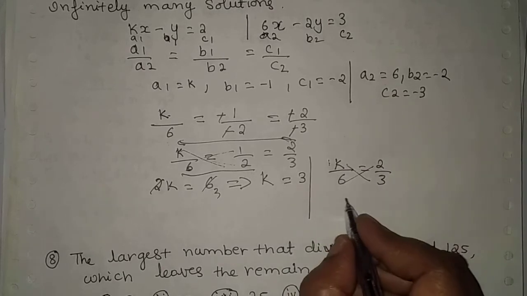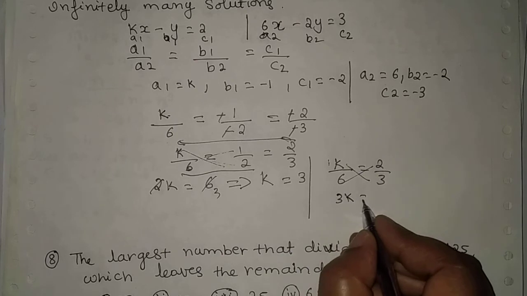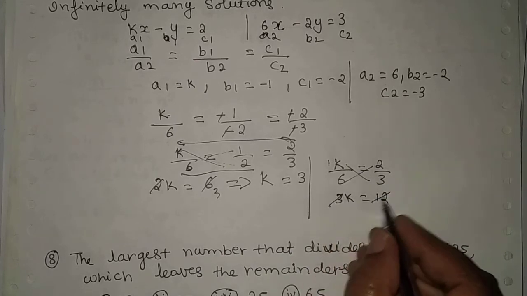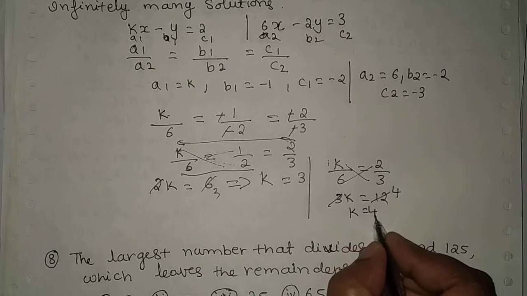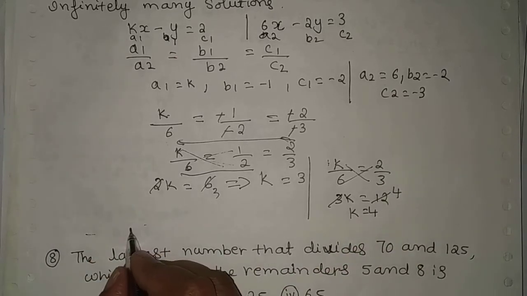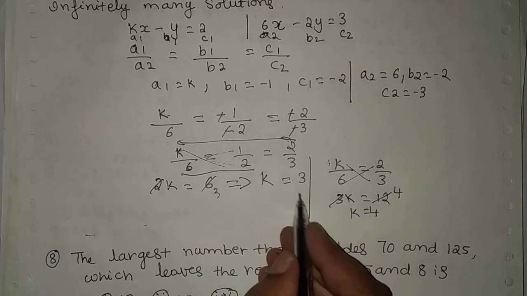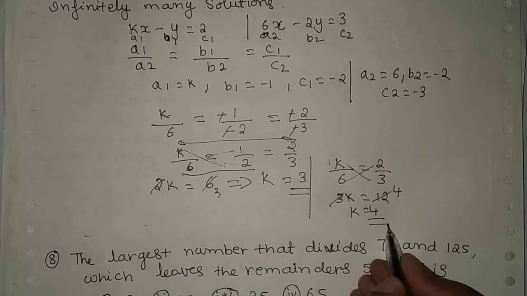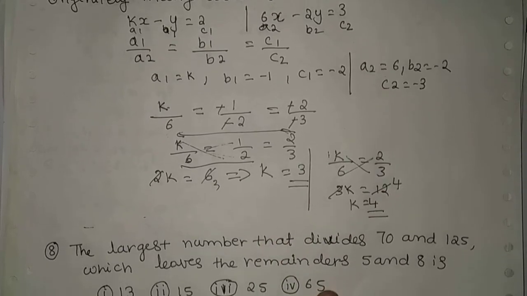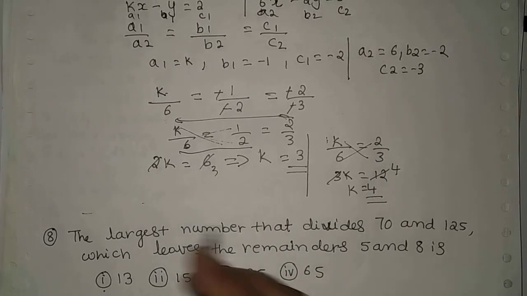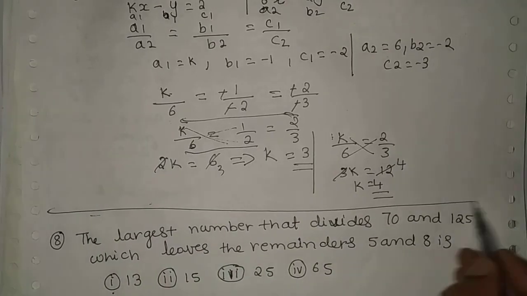So cross multiply this, 3k is equal to 12, k will be 4. Finally we have, for infinitely many solutions, k is equal to 3 and k is equal to 4. So the value of k, they have asked the value of k. So for infinitely many solutions, we have k is equal to 3 and k is equal to 4.